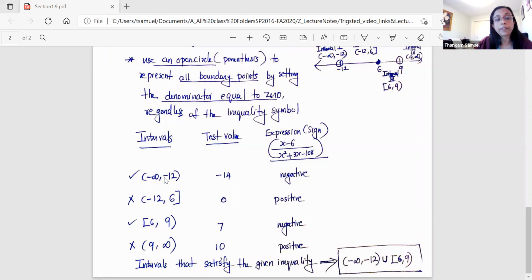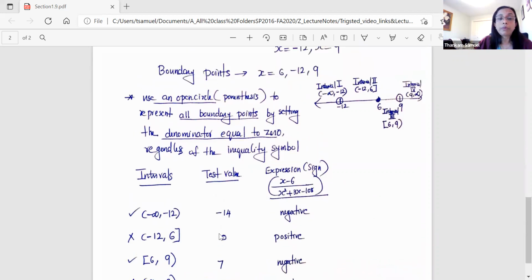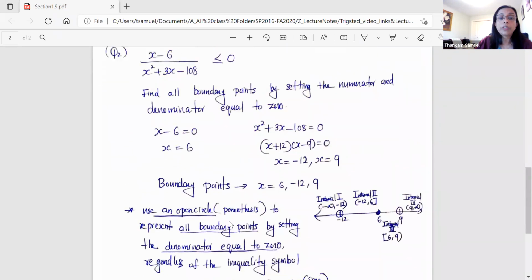Negative 14 is a point in between these. When you substitute this point in the original inequality, I always use the factored form, because it is easier to find out whether it gives a negative or a positive value.